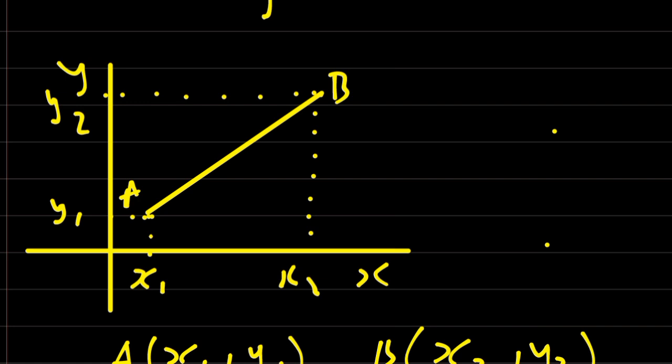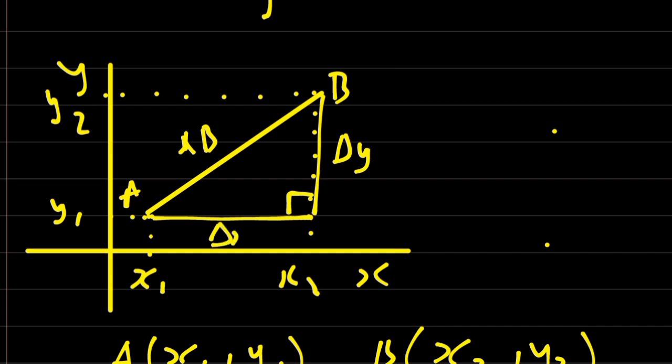Okay, the first thing we have to do, let's complete this to form a triangle, and it's going to form a right angle triangle. Okay, this is a right angle triangle. The distance we want to calculate now is AB, distance AB, and let's call this change in y, and here is change in x.